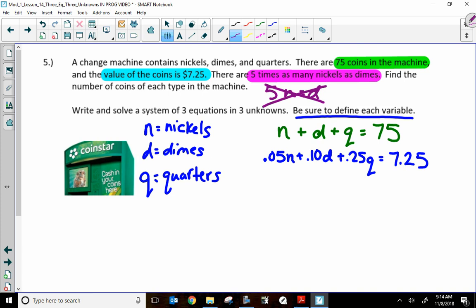So, what do we got here? If I had, I don't know, 10 dimes, well, wouldn't I have 5 times as many nickels? So wouldn't I have 50? So I really got to multiply my dimes times 5, okay? My nickels is a bigger value.